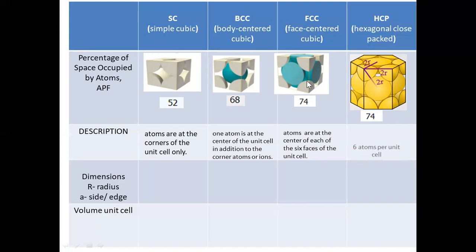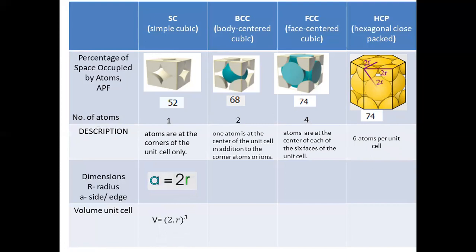And for hexagonal, it has 6 atoms per unit cell. The number of atoms for SC is only 1, for BCC it is 2, and for FCC it is 4.